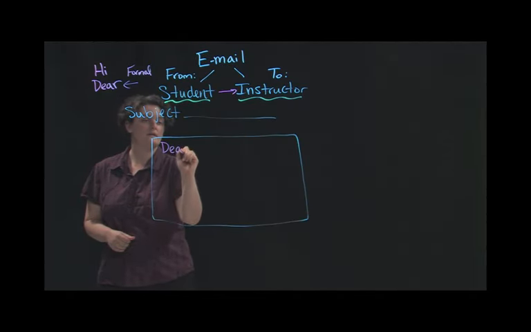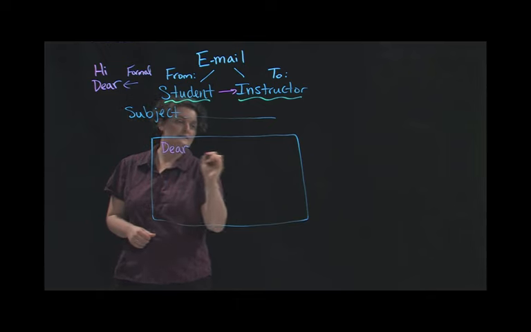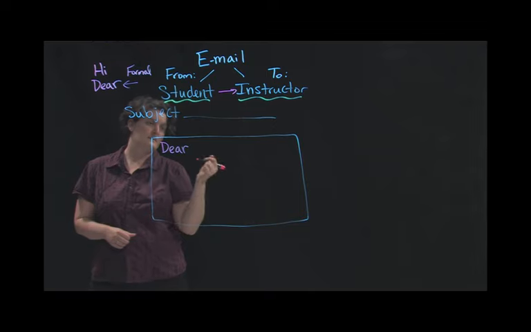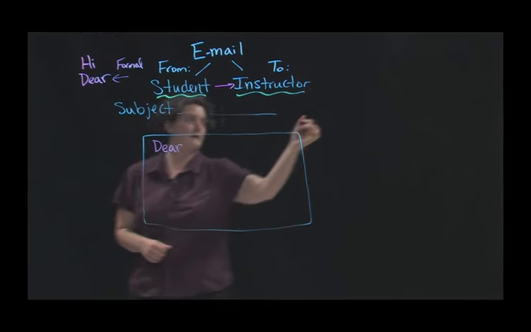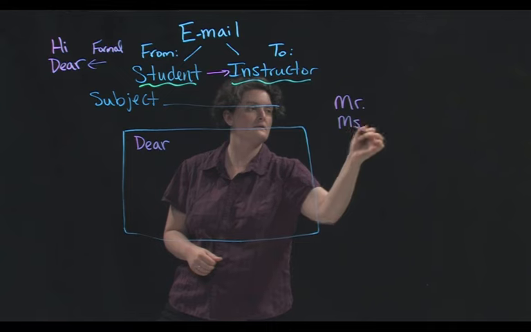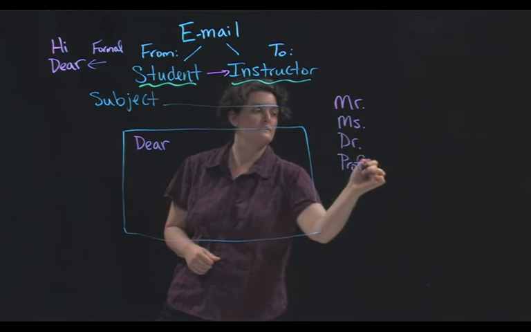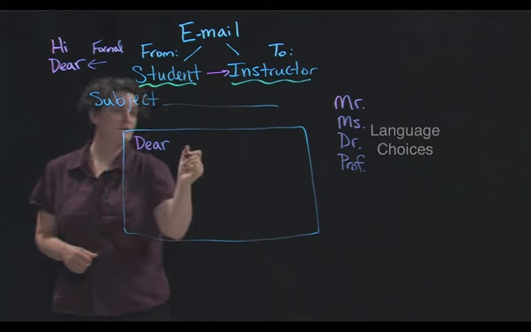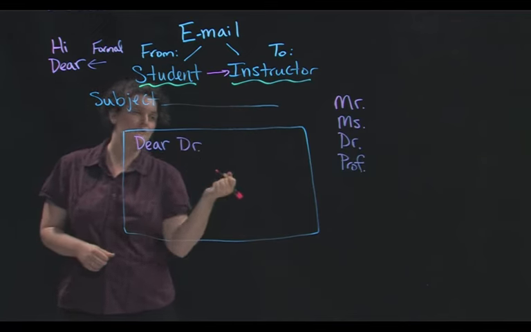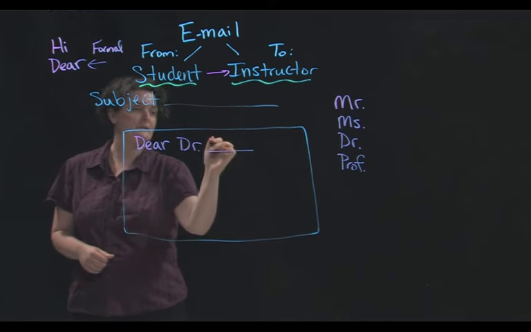Now we're going to start the email with dear, and we have another choice coming. We need to identify who the instructor is. Typically, we could use things like Mr., Ms., Doctor, or Professor. So let's start this one with Dear Doctor, and really the only choice we have here is the person's last name or their family name.